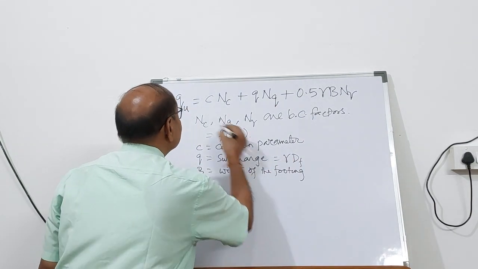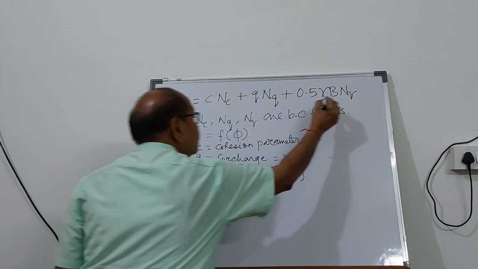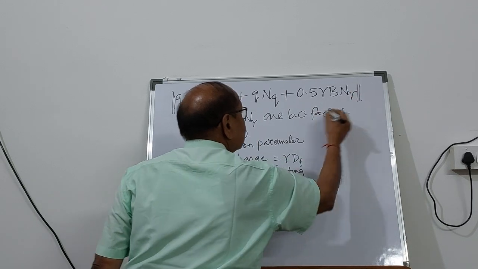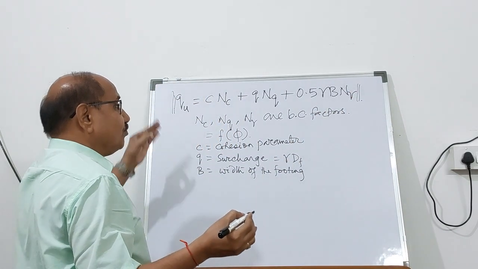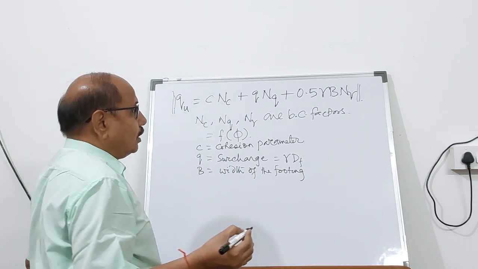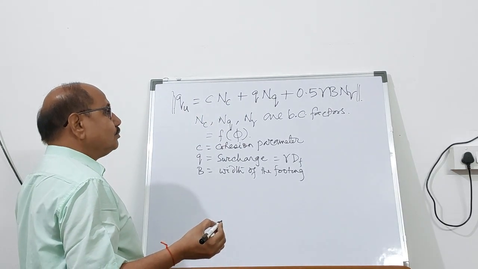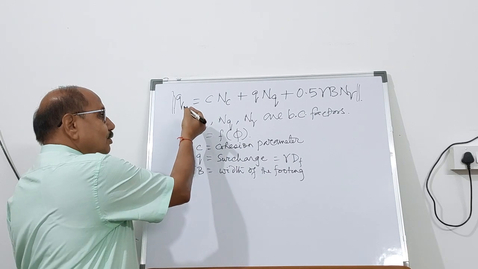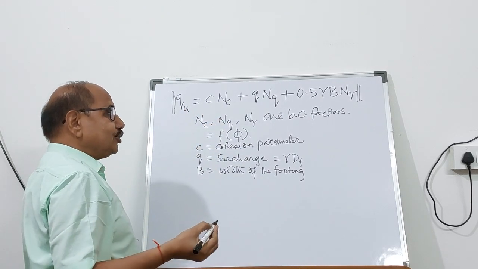So this is the general equation for a continuous footing, and the failure is going to be general shear failure.